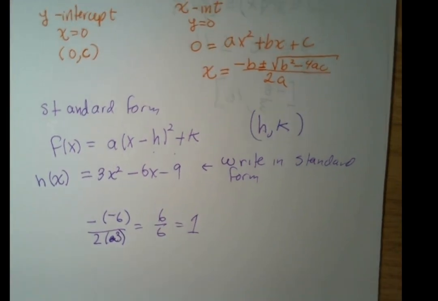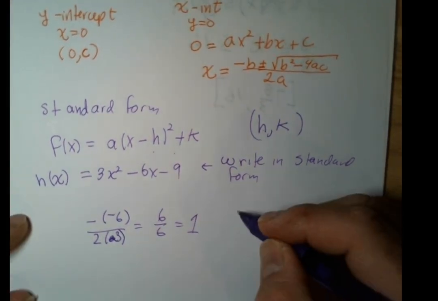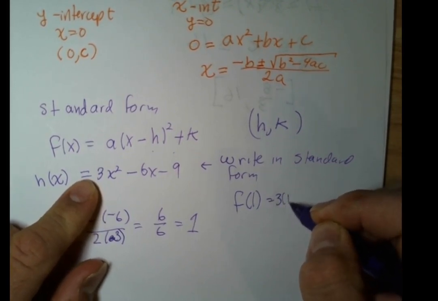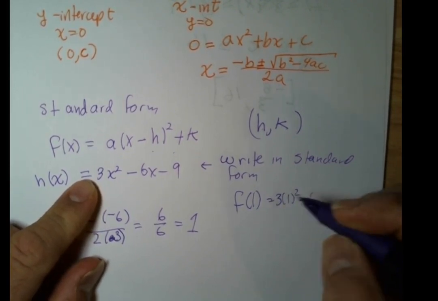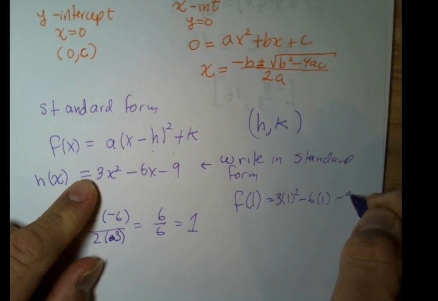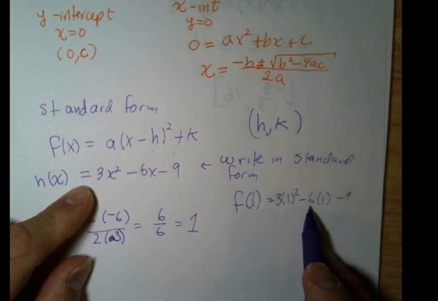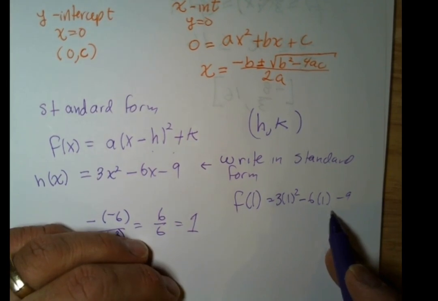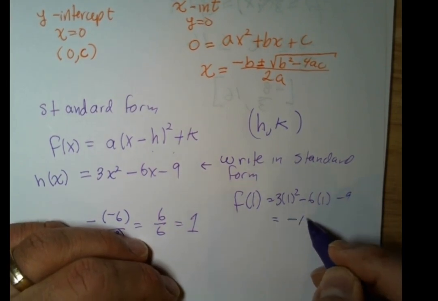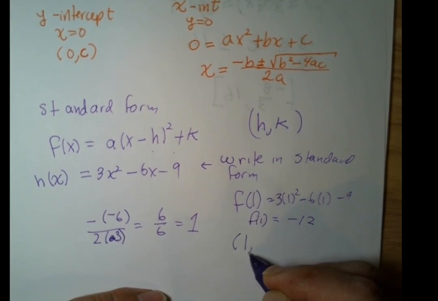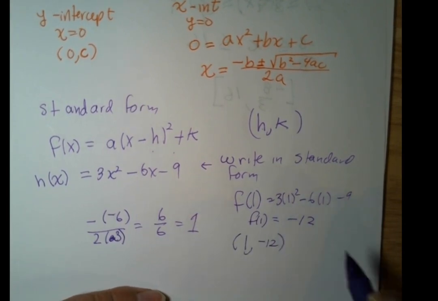Now again, that's just the x component. To find the y component, I'll plug in 1 here: 3 times 1 squared minus 6 times 1 minus 9. So that's 3 minus 6, negative 3, minus 9, negative 12. So my vertex is (1, negative 12).